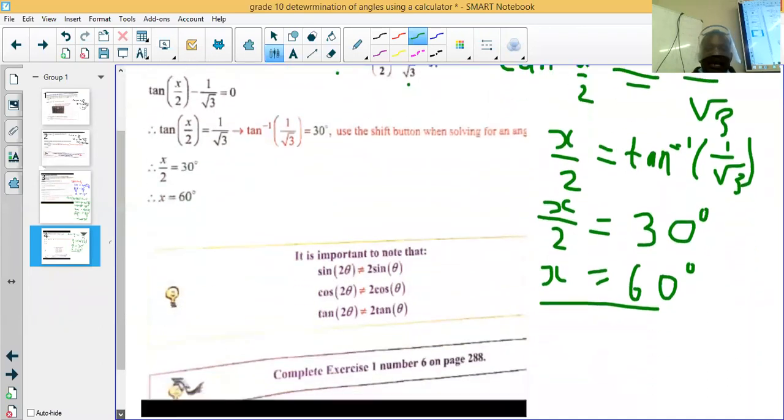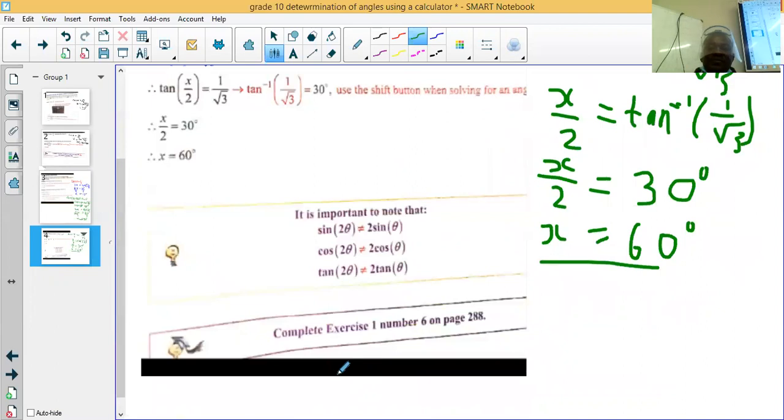Right. Yes. Now, it is important to note that, on this one here, others may make a mistake to say sine 2 theta is equal to 2 sine theta.